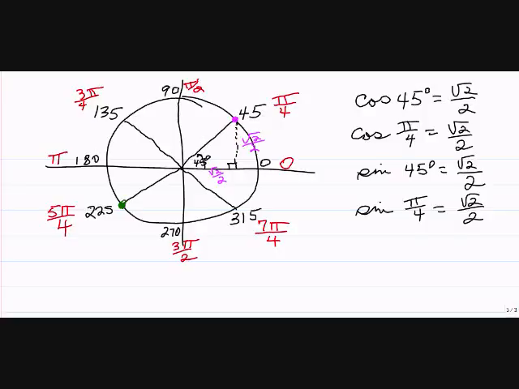So if I want to find the cosine of 225 degrees, it really helps me to know what quadrant it's in. Because I know the lengths of the sides of this little right triangle. It's the 45, 45, 90, so they're square root of 2 over 2. All right. What is the cosine of 225 degrees?